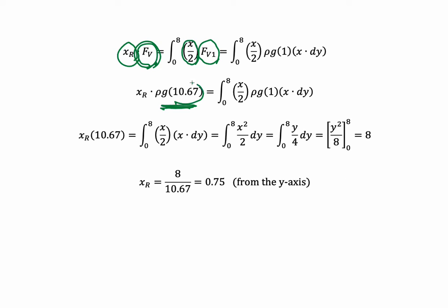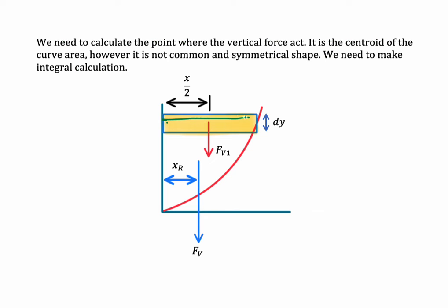So the volume above the curve line is 10.67. We already calculated this value. And then to calculate the vertical force for the rectangular area, it is still rho g volume. So we have rho g here. The width is 1, and the area is x times dy, so x here times dy and times 1 as the width.